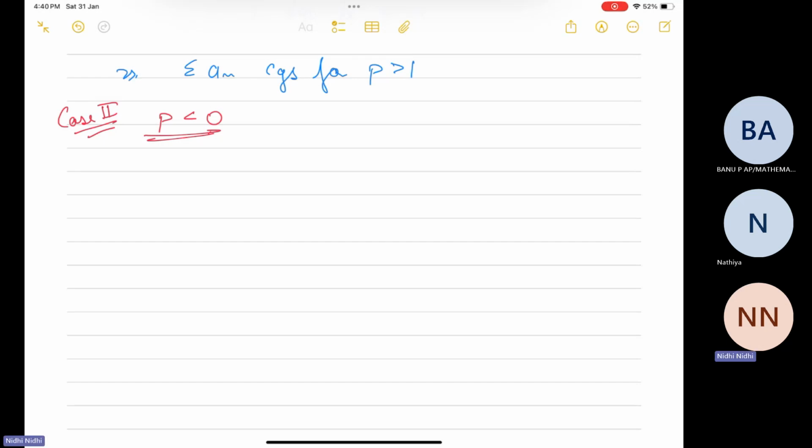For any negative real number, I can write it as minus k. For some positive real number, we can write p to be equal to minus k. So here, summation n from 2 to infinity an will be summation n from 2 to infinity 1 upon n log n to the power p, where p is minus k.